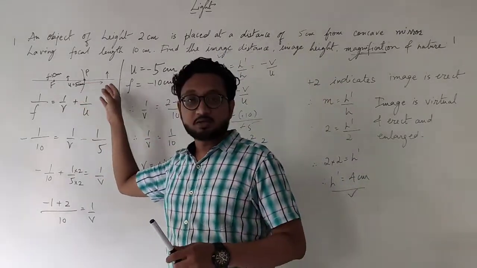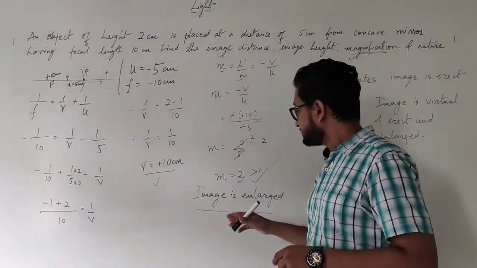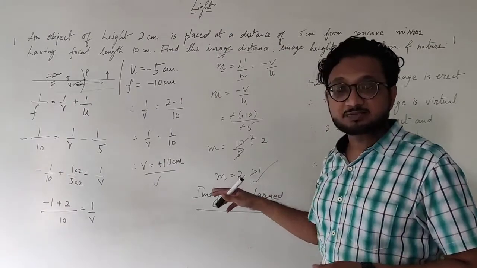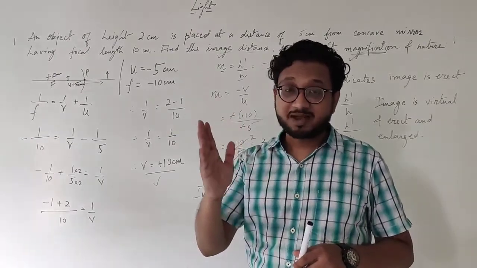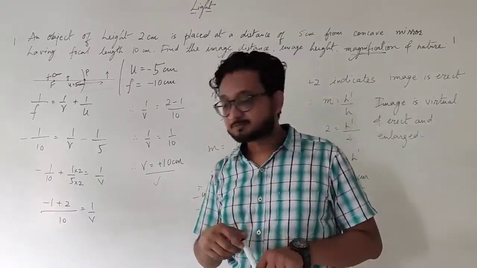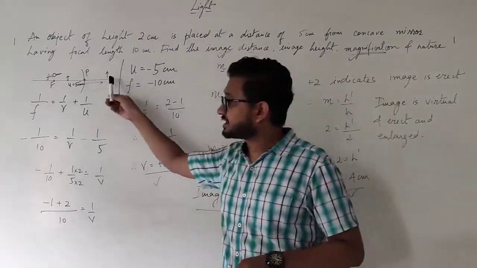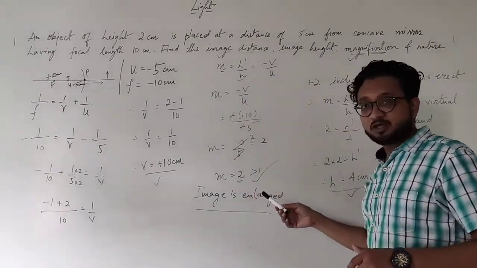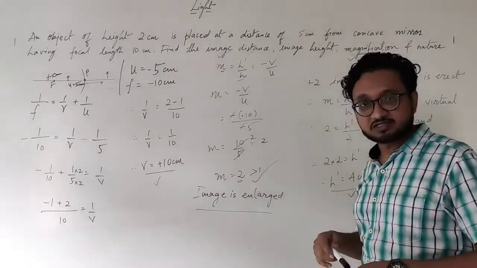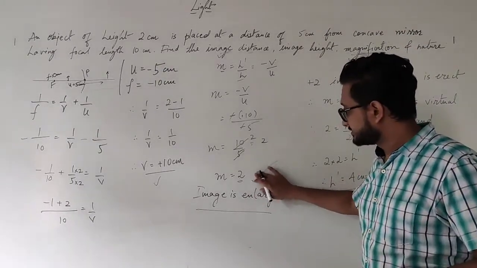But it is virtual, that is behind the mirror. So you should always get this as positive for the last particular case, because it will be virtual and erect. Minus magnification means it will be inverted. But in this case, if it is above the principal axis, that means it should be positive, which in this case it is. Okay, you don't need to write this greater than 1.